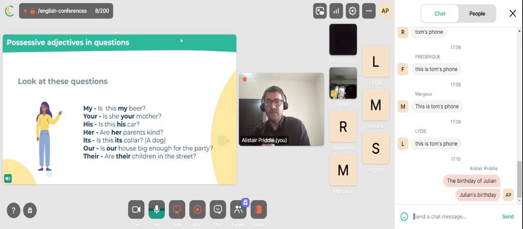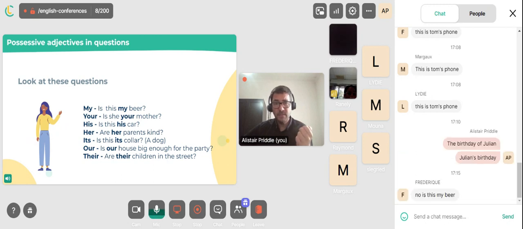So possessive adjectives in questions. So have a look and listen to these questions. My. Is this my beer? Your. Is she your mother? His. Is this his car? Her. Are her parents kind? Its.